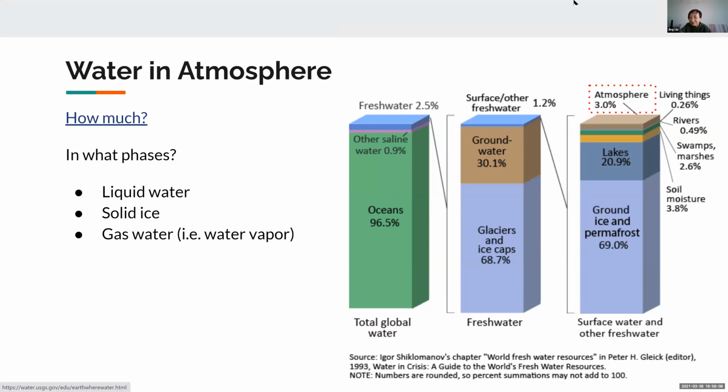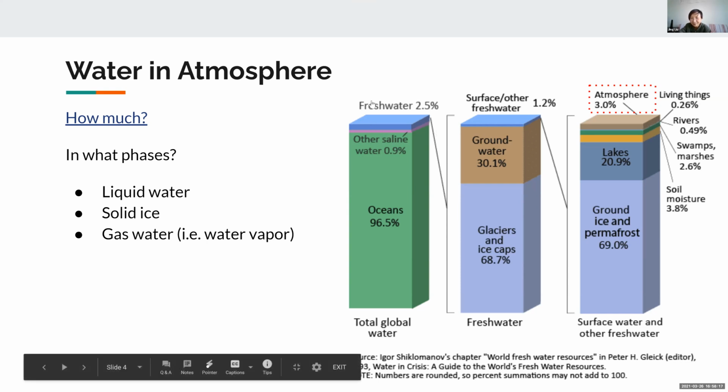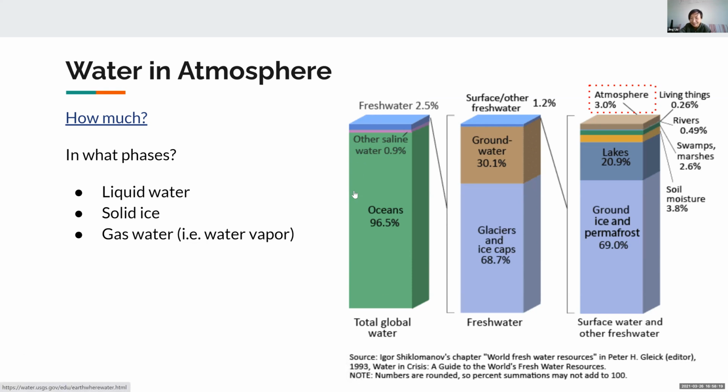Just some fun facts. How much water is in the atmosphere, and in what phases? If you treat the entire Earth as a whole, ocean, saline water, takes 96.5%. Fresh water is very little.